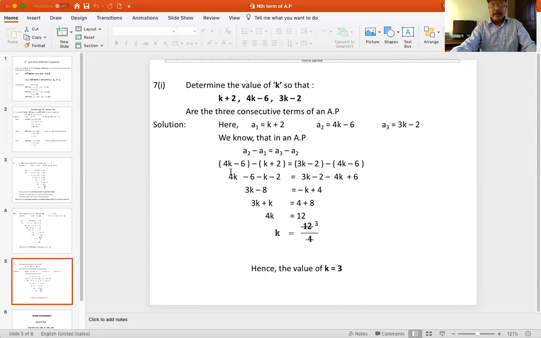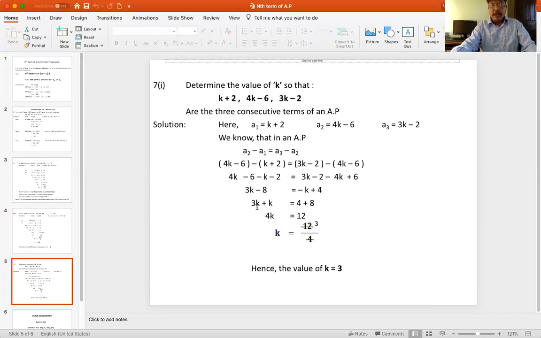Now opening the bracket, we have 4k minus 6 minus k, plus and minus is minus, then 2, equal to 3k minus 2 minus 4k, again minus and minus, we get plus 6. Now combining the k's, that is 4k minus k, we have 3k, again minus 6 and minus 2, we have minus 8. It is equal to, again 3k minus 4k, we are left with minus k, again minus 2 plus 6, we have plus 4.